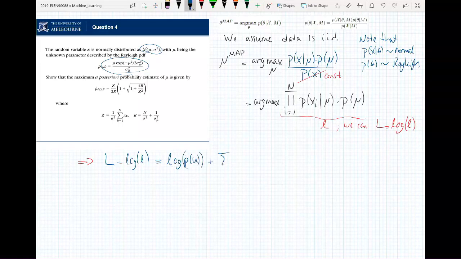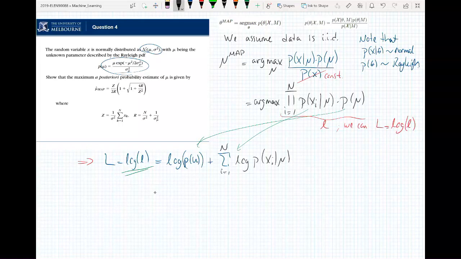Plus the sum becomes, let me make it crystal clear, right? So this goes here and this goes here, right? After we do the log. So we got the sum, i equals 1 to n, and then we got the log p x_i given mu. I know already the sigma square, so I'm skipping it. All right.